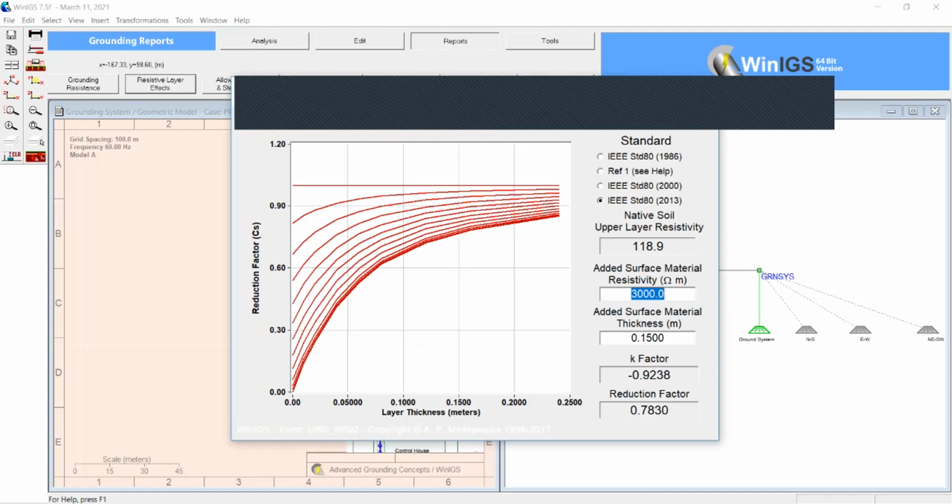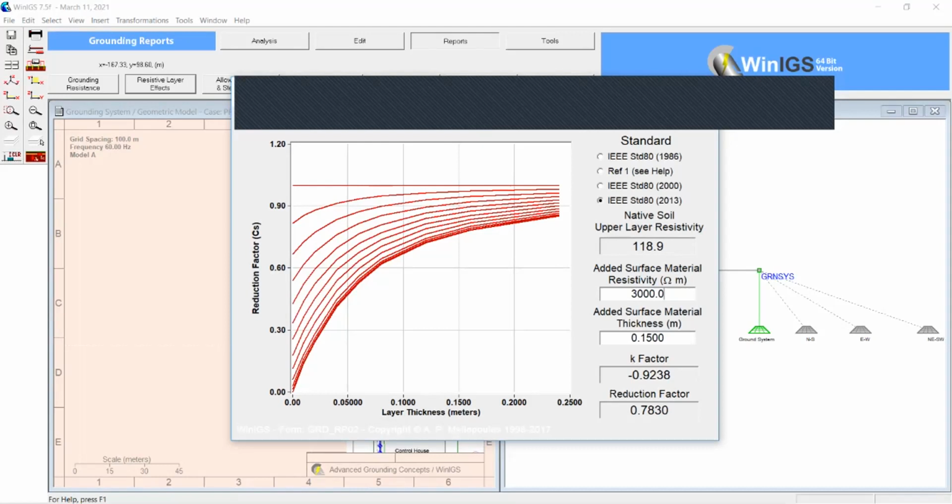Here I am having 3000. How much are you having, Joshua? This number, if other than 3000, you have to change it. You have to put 3000 because on our surface level we are using crushed rock. This is the resistivity not of the top layer soil, but of the extra layer we are putting.